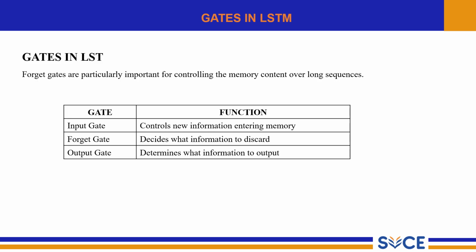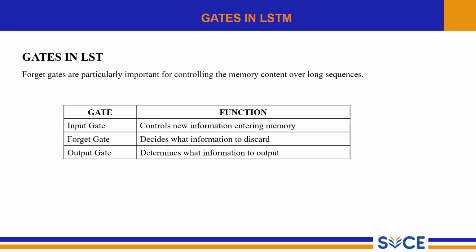Some information becomes irrelevant as the sequence progresses, and keeping it can actually harm the model's performance. So the forget gate helps solve this by assigning a value between 0 and 1 to each piece of information. A value close to 1 means keep this information. If the value is close to 0, it means forget this information.